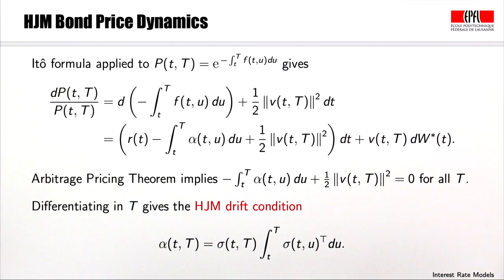This must be true for all maturities capital T. So if we differentiate this equality in capital T, we arrive at this HJM drift condition. The drift of the forward rate dynamics, alpha, is fully determined in terms of the forward rate volatility sigma.